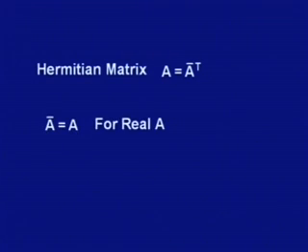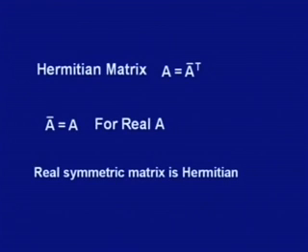Now, as I told you earlier, A bar is equal to A for a real matrix. So, a real symmetric matrix is Hermitian also, because that real symmetric matrix will satisfy this property trivially. So, a real symmetric matrix is a Hermitian matrix, but this is not true for complex matrices.